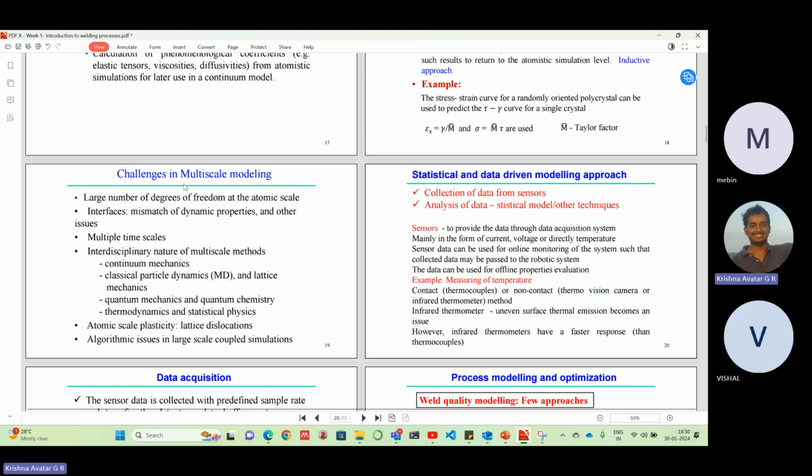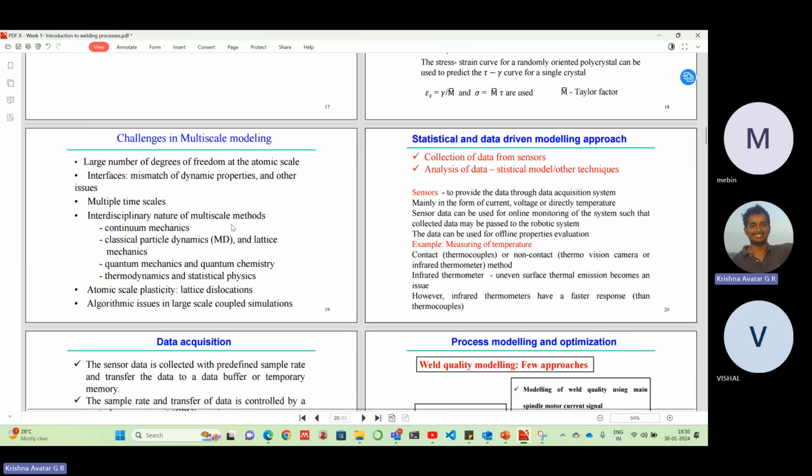And there are certain challenges at the atomic scale, in that we have a very large number of degrees of freedom, and at the interface there is mismatch of dynamic properties and other issues. Then we have multiple time scales, and there is also an interdisciplinary nature of continuum dynamics, quantum mechanics, classical particle dynamics, various lattice approaches, and thermodynamics.